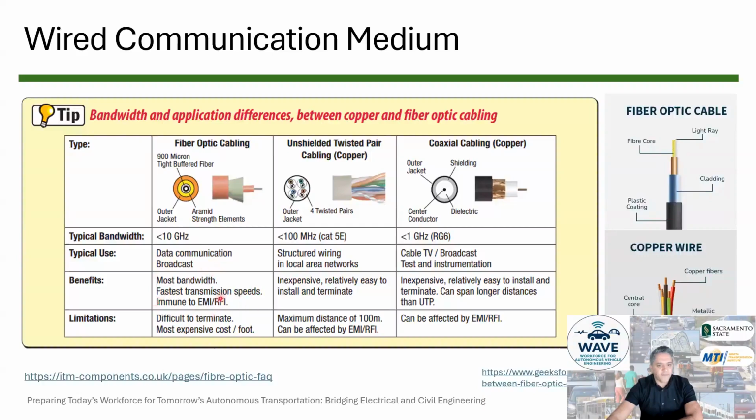It gives the most bandwidth. It's the fastest communication, and it's immune to electromagnetic interference or radio frequency interference. These are effects that can increase the loss in the signal, especially in wired communication, and you can see that these two got affected. But since we have light in fiber optic, it is not affected by EMI and RFI.